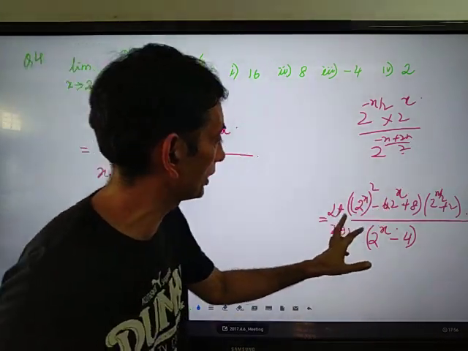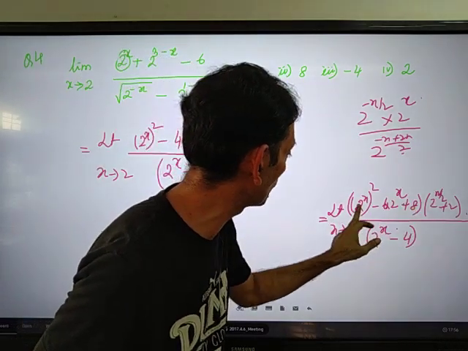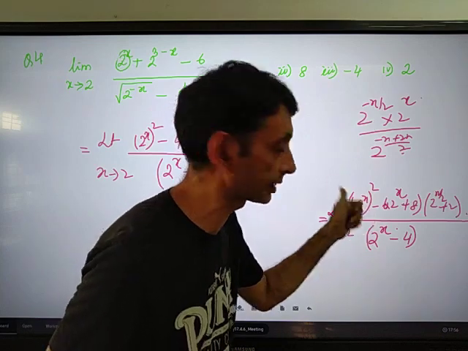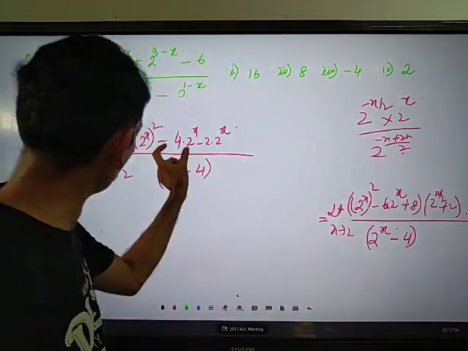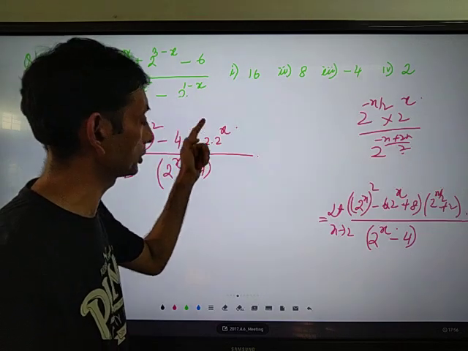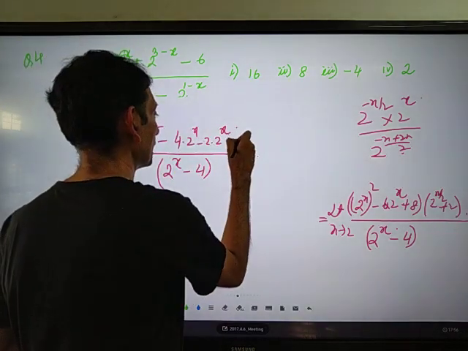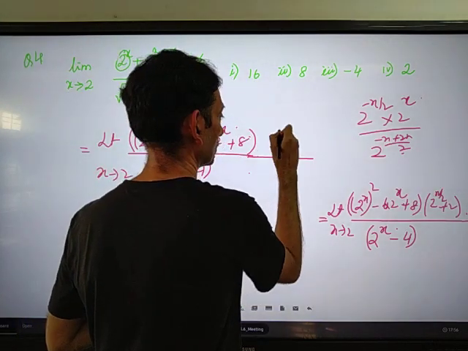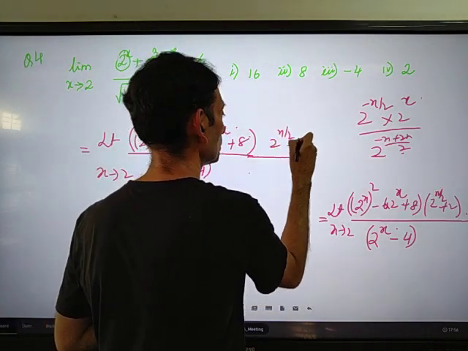Why minus 4 minus 2? Because here it's 8 and the coefficient of 2 to the power twice x is 1. So the product of this 8 and 2 to the power twice x is 8. So 8 can be split like 4 into 2. 4 into 2 to the power x, minus 2 into 2 to the power x, and plus 8. Right? So you only need to keep writing these expressions.